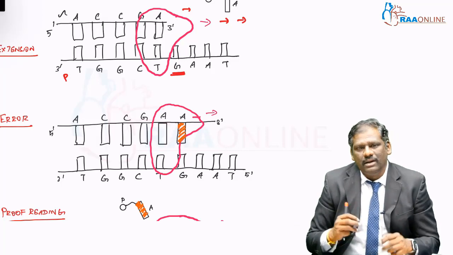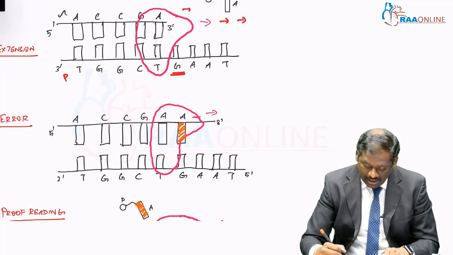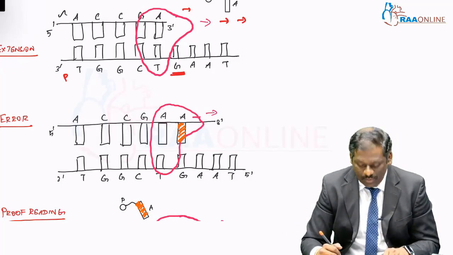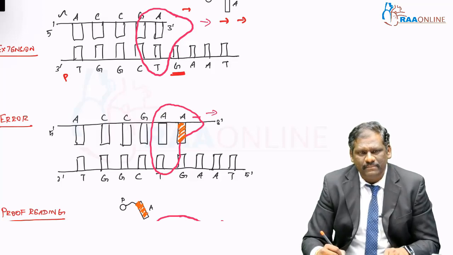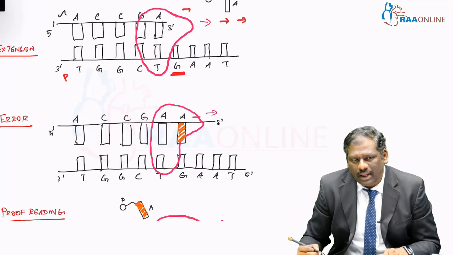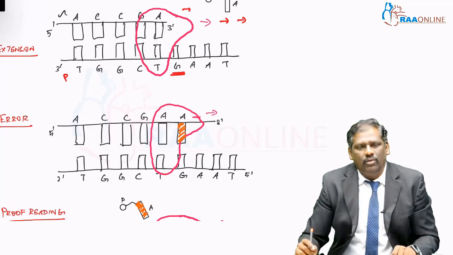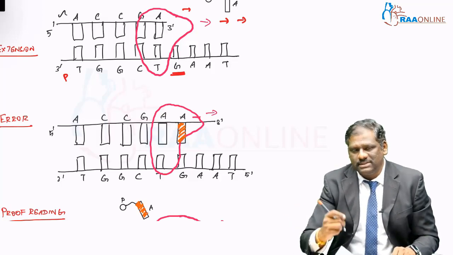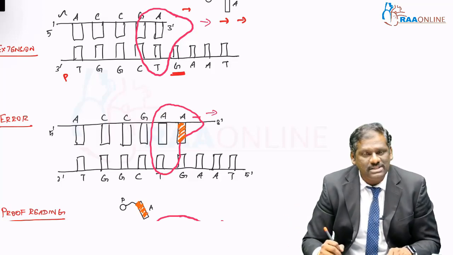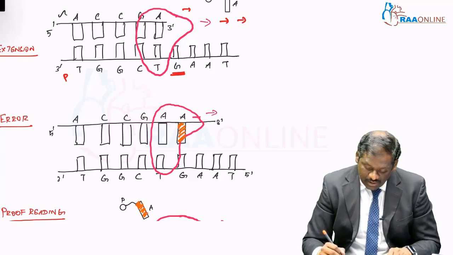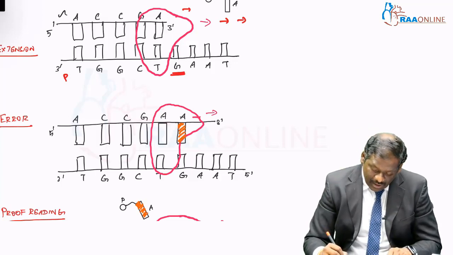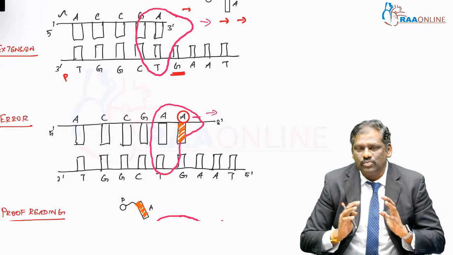Say for example, if by mistake it recruits a deoxyribonucleotide A here, that is quite possible. Okay, because in such a long thing, 1 in 1000 usually happens. So this DNA polymerase, instead of recruiting C, recruits A here and it just moves on.